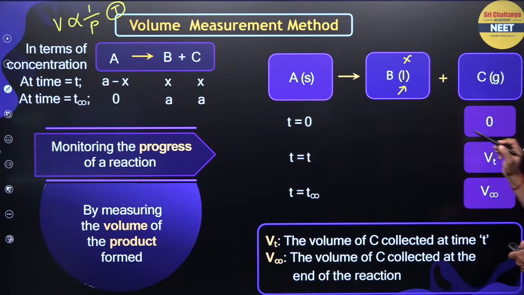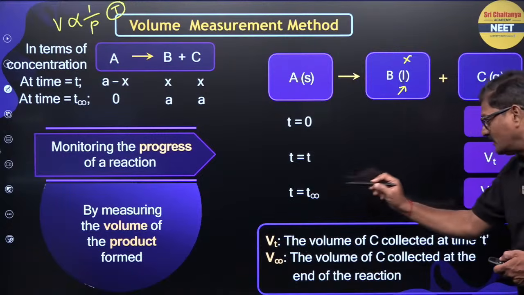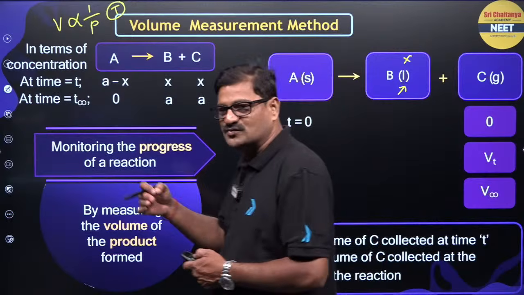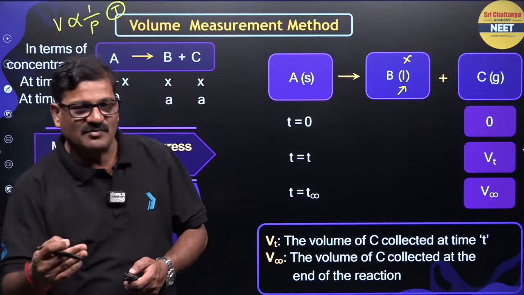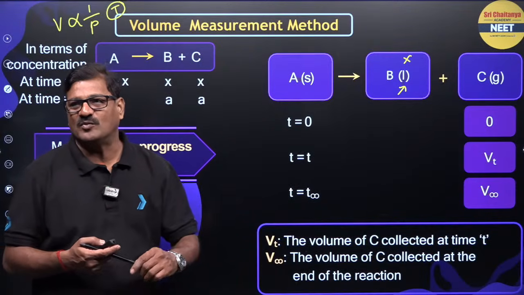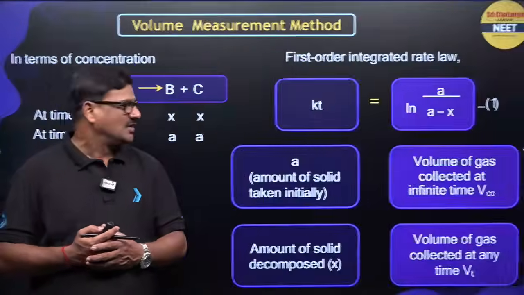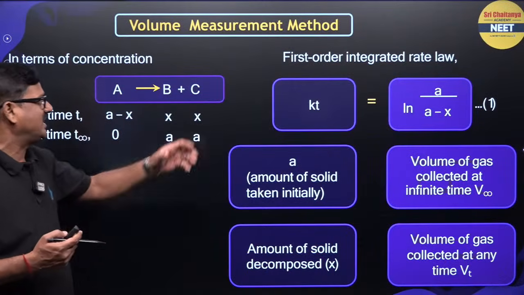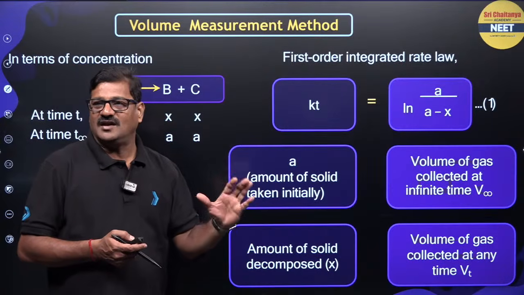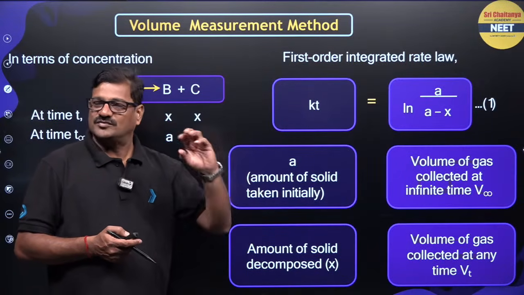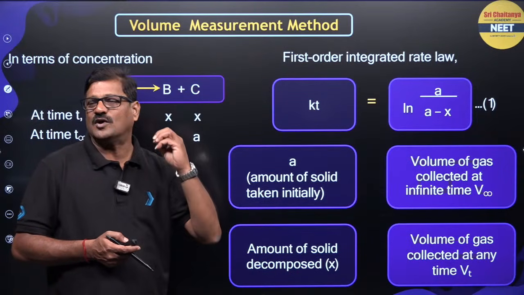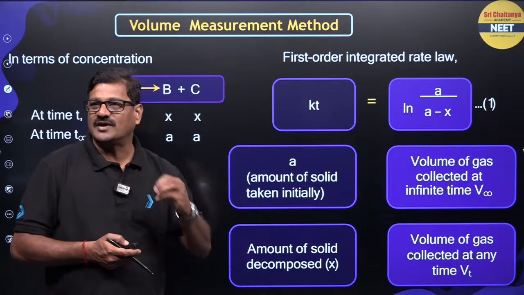At time t, the volume is Vt, and at infinite time it is going to be V infinity. From there you can calculate by putting these values and with a little mathematical manipulation, by measuring the volume of the product formed and monitoring the progress of the reaction, you are going to get KT is equal to ln A by A minus x. So put the initial volume, the volume at time t and the volume at infinity, and you are going to get this.